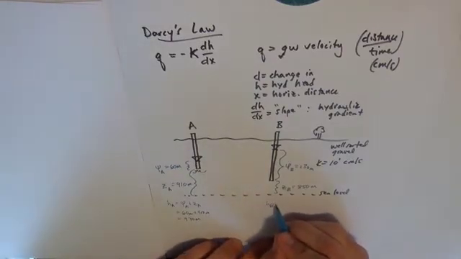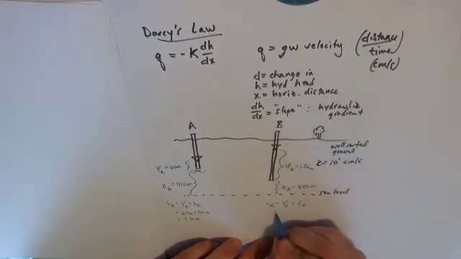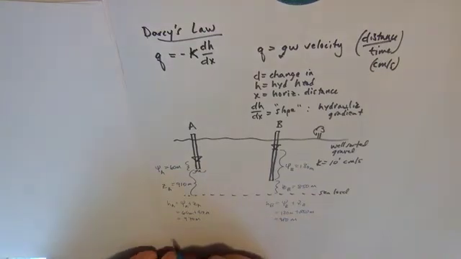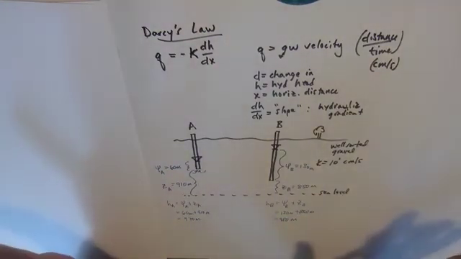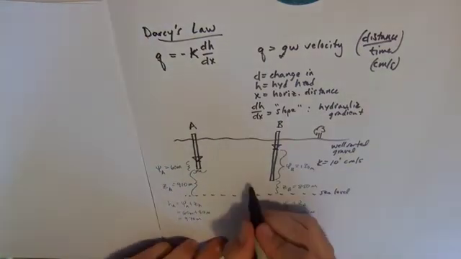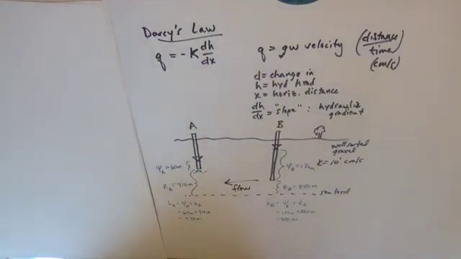And the total head at B is equal to the pressure head at B plus the elevation head at B, which is 130 meters plus 850 meters is 980 meters. Okay, so what direction is the water going to flow? Well, it's going to flow always, always, always from high hydraulic head to low hydraulic head. So in this case, it's flowing from B to A. So the flow is going to be in this direction, from B to A.